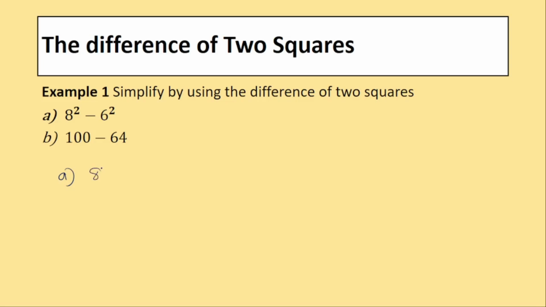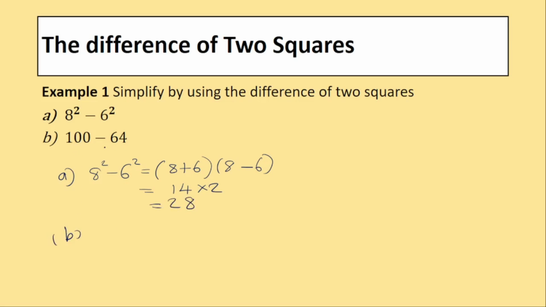So 8 squared minus 6 squared, we are simply going to have two factors, 8 plus 6 and 8 minus 6. 8 plus 6 will give us 14 multiplied by 8 minus 6 gives us 2. This will give us 28.